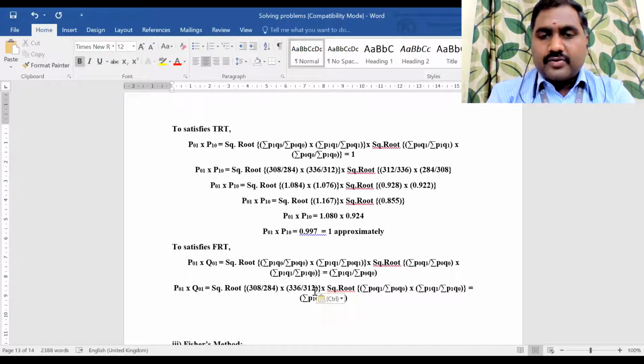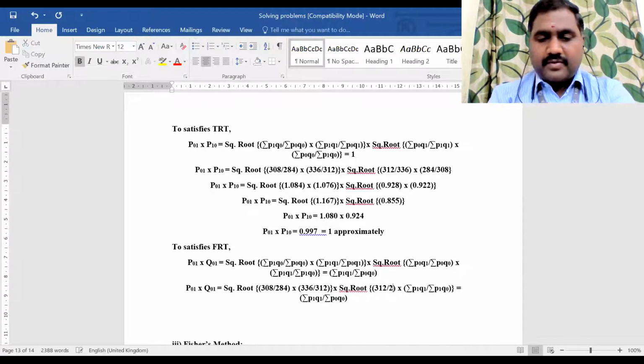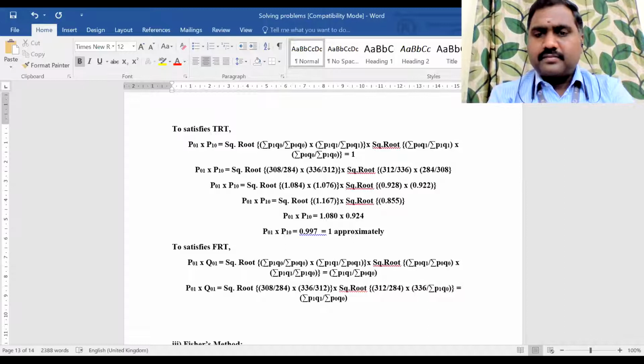Into the square root of summation P0 Q1, that is 312. Summation P0 Q0 is 284. Next, summation P1 Q1 will be 336. P1 Q0 will be 308.